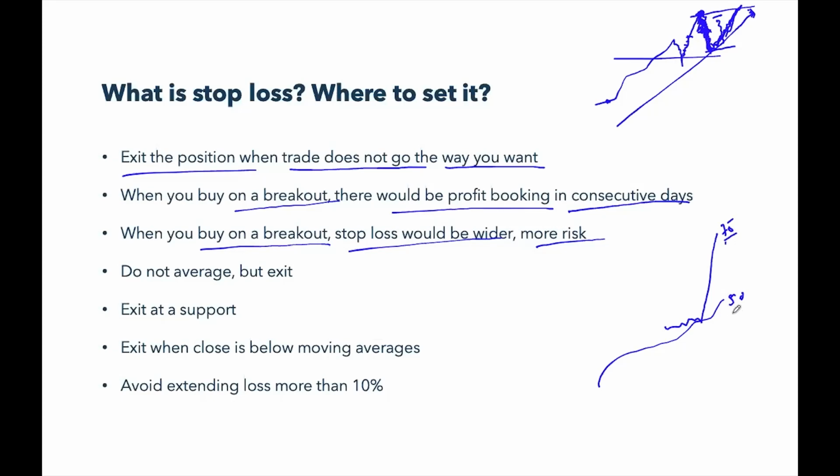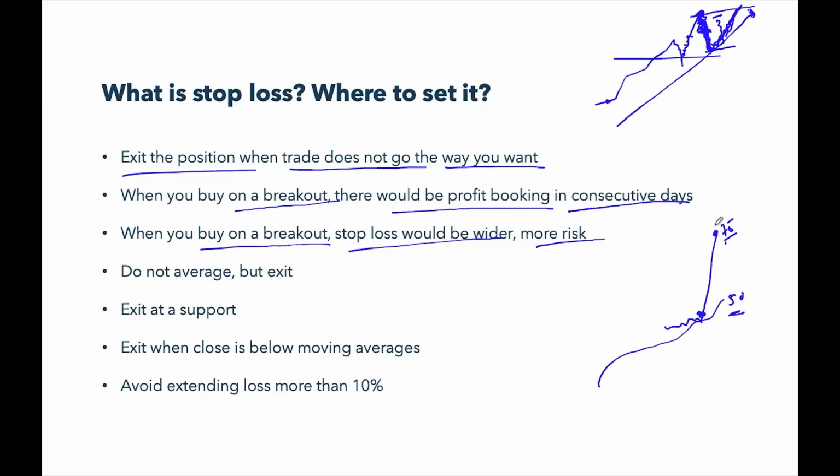So ideally we should be buying somewhere here to keep our stop loss levels as close as possible. That is why the strategy that we suggest is to buy in weakness and sell in euphoria. Euphoria is somewhere here when the candles are big and volumes are high; we should exit here.